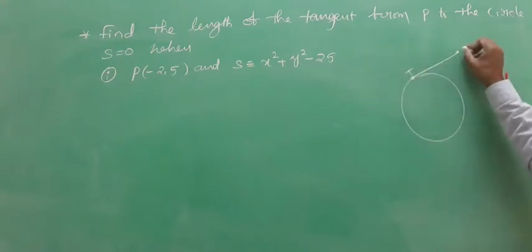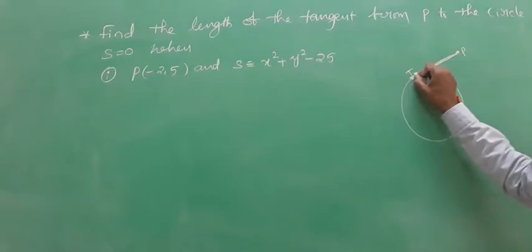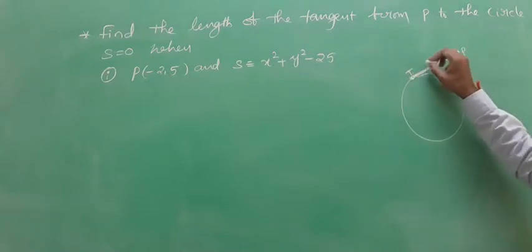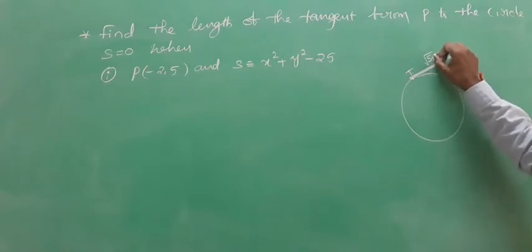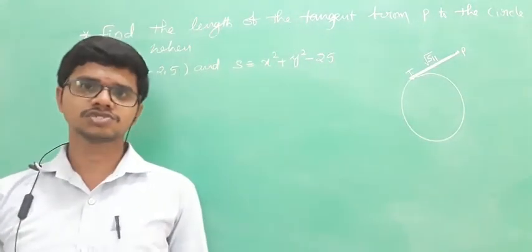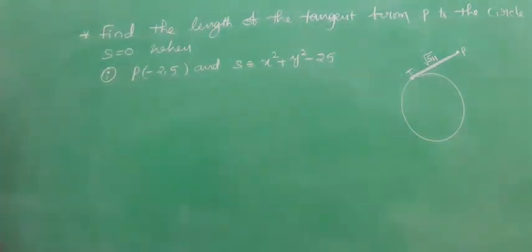Let it be P and the point of contact be T. So PT is the length of the tangent. What is the formula for the length of the tangent? Root over S11. The length of the tangent is root over S11, so we have to find the square root of S11.